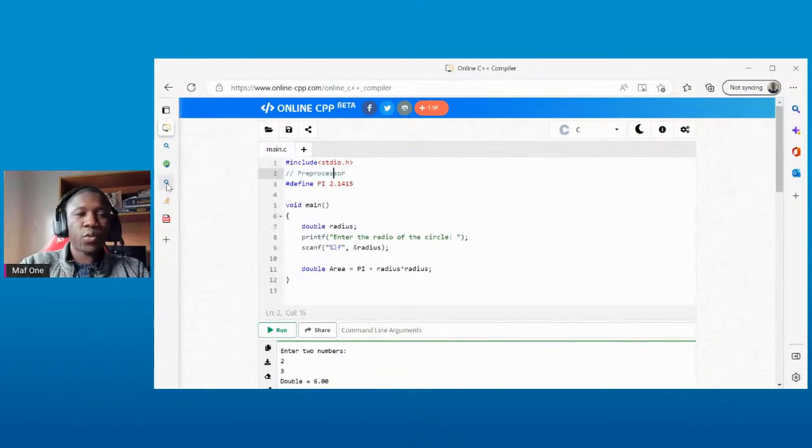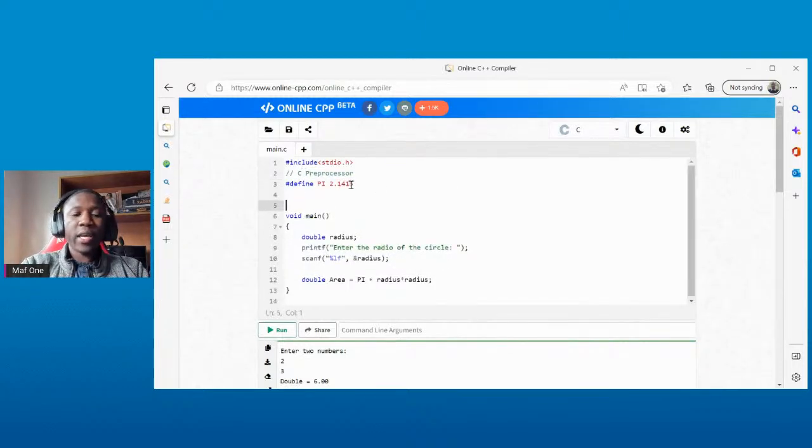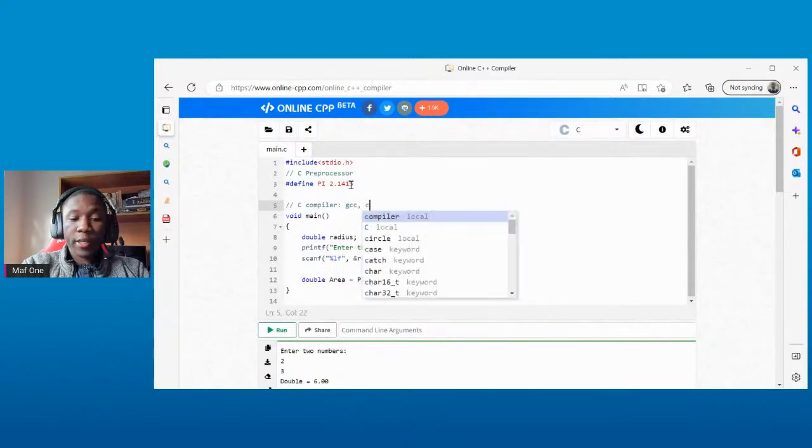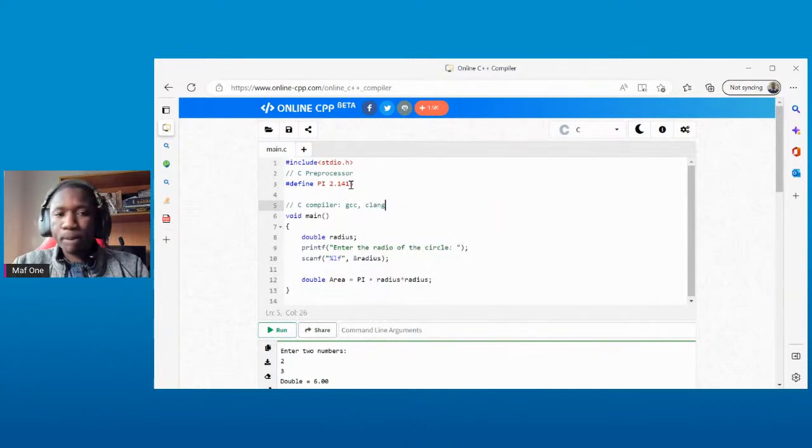Yeah, we have the C preprocessor. It's the same for C++. And then we have the C compiler. There are a lot of compilers, GCC, Clang, and so on.